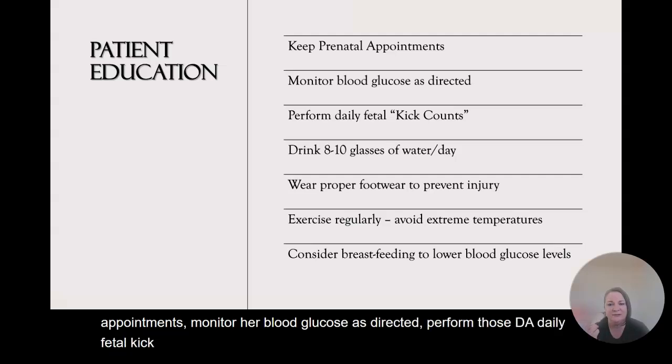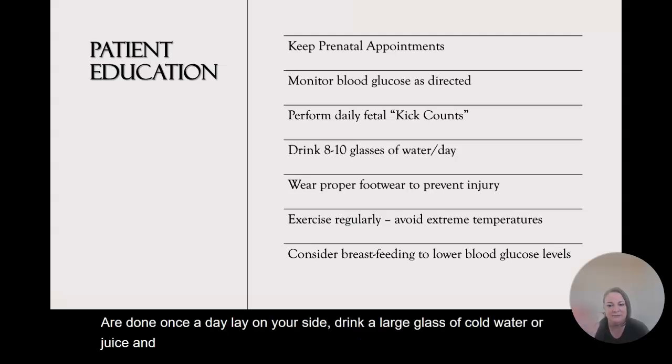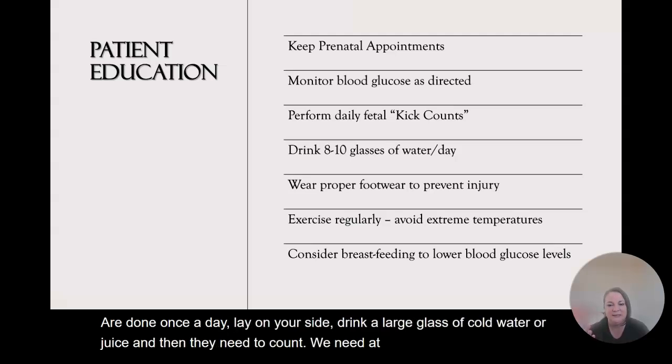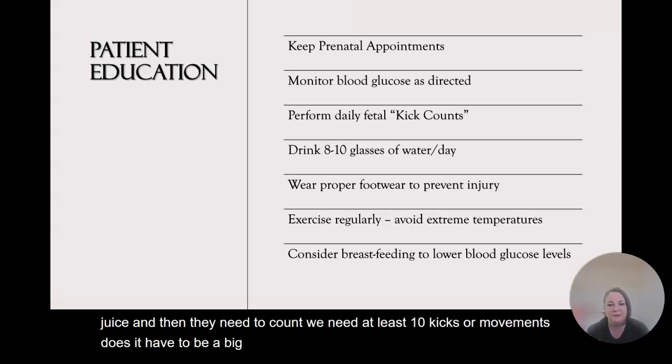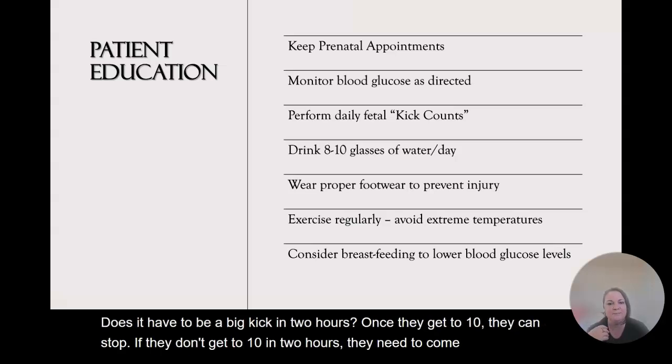If you remember, kick counts are done once a day. Lay on your side, drink a large glass of cold water or juice, and then they need to count. We need at least 10 kicks or movements, doesn't have to be a big kick, in 2 hours. Once they get to 10, they can stop. If they don't get to 10 in 2 hours, they need to come in immediately.